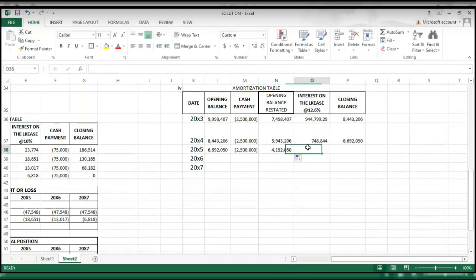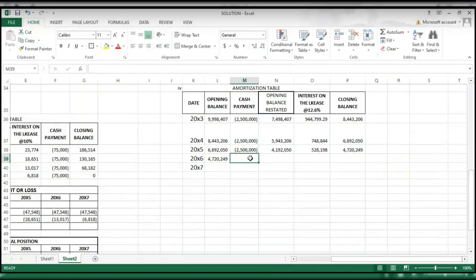Interest will be charged on this outstanding, that is this times 12.6%. And so we have our closing balance as this plus this, the interest plus the outstanding liability. And here we have our opening balance. This amount comes here as the opening balance.